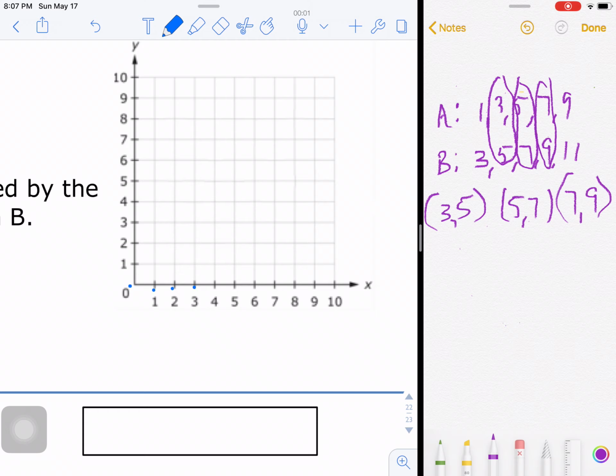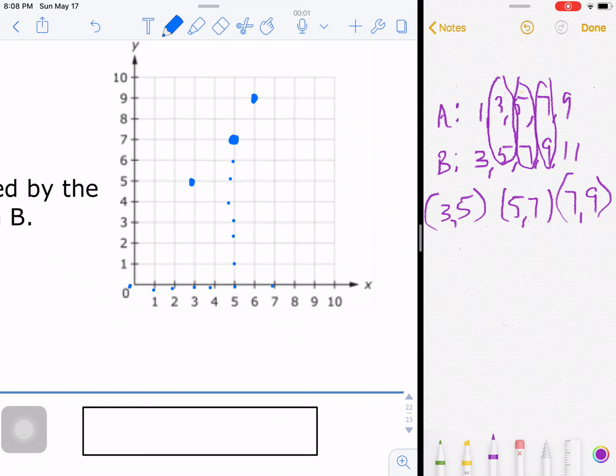We go 1, 2, 3, up 5, and that is our first ordered pair. We start at the origin, go over 5 and up 7. And then we start at the origin, go over to 7 and up to 9.